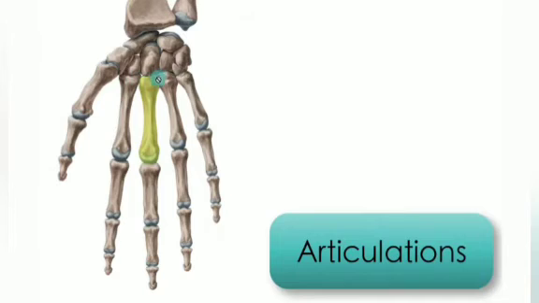Moving a little more medially, the third metacarpal articulates with the base of the fourth metacarpal. Moving distally, there is an articulation between the head of the third metacarpal and the third proximal phalanx.